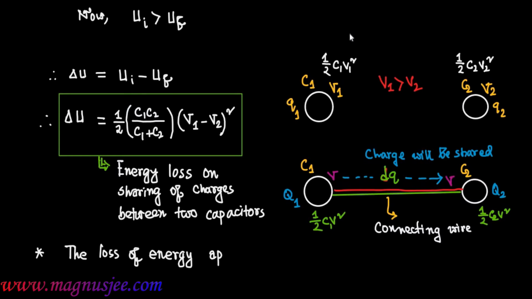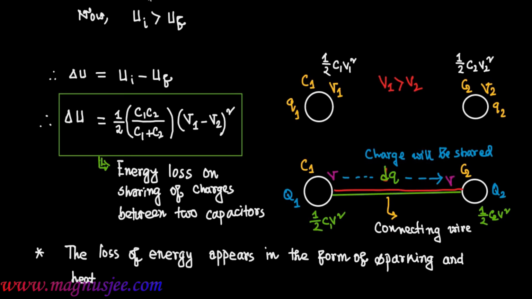Now the loss of energy appears in the form of sparking and heat produced in the conducting wire.